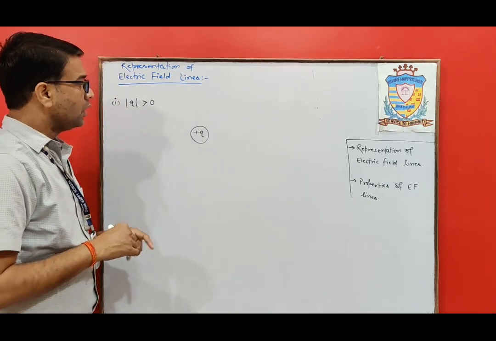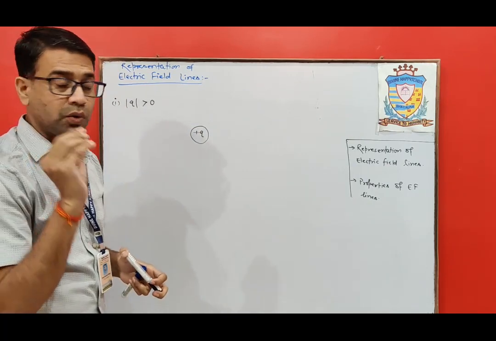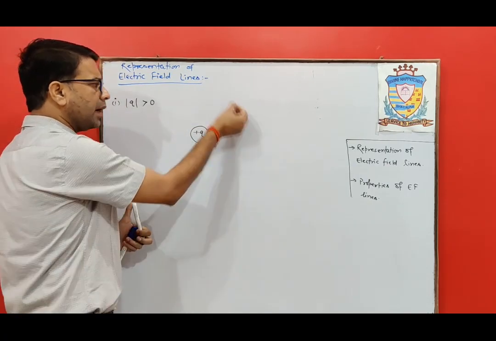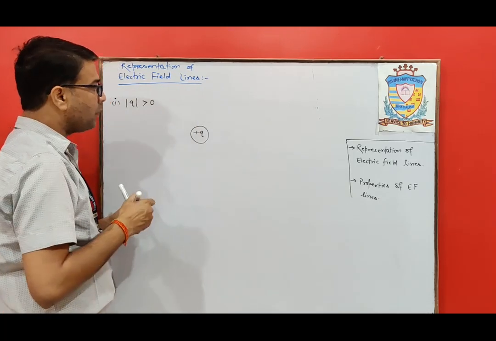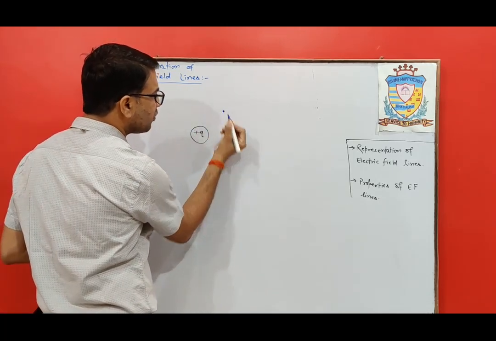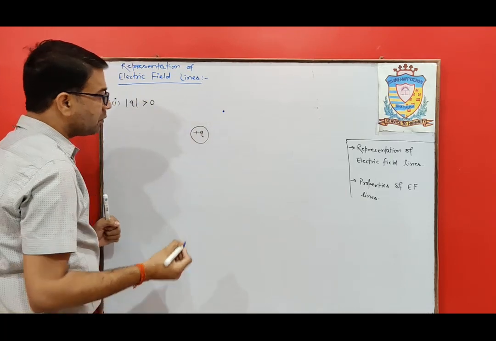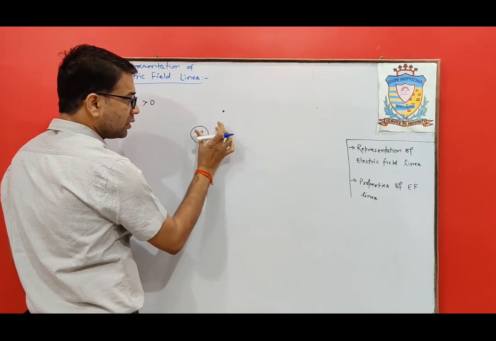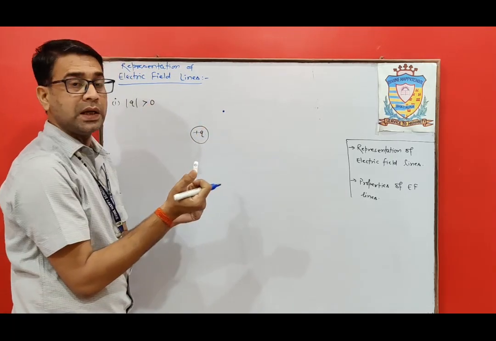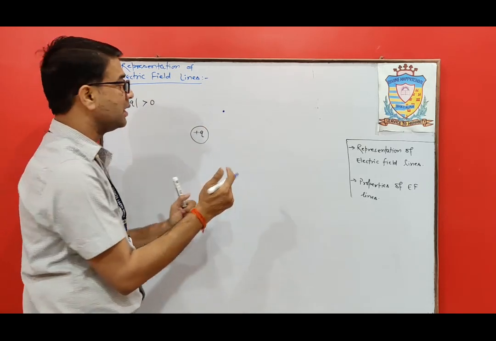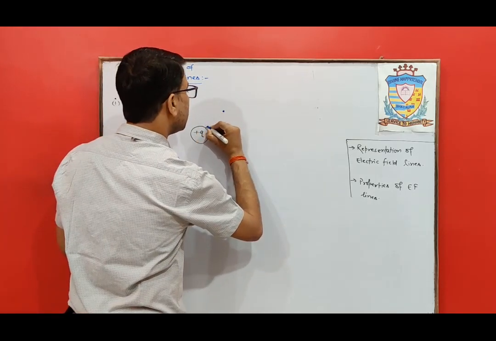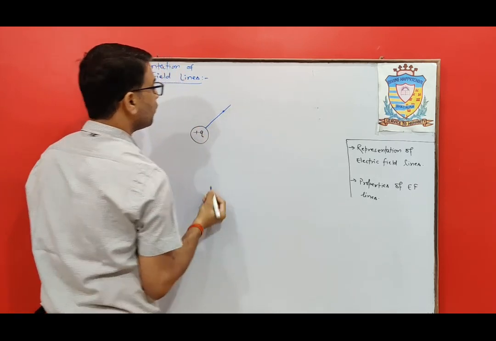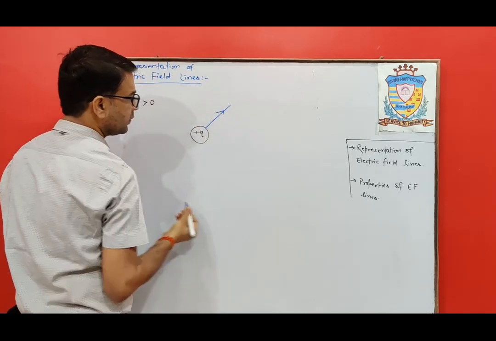Simply we place a unit positive test charge at any point. If you place a unit positive test charge over here, you will observe that similar charges will repel each other. This will be the direction of force, that is outward.